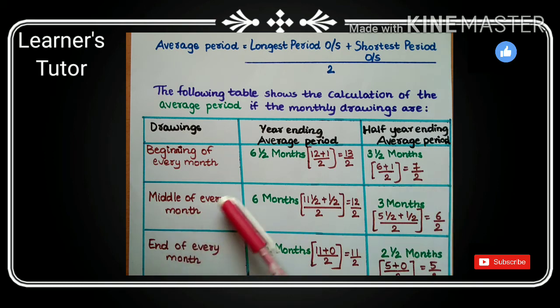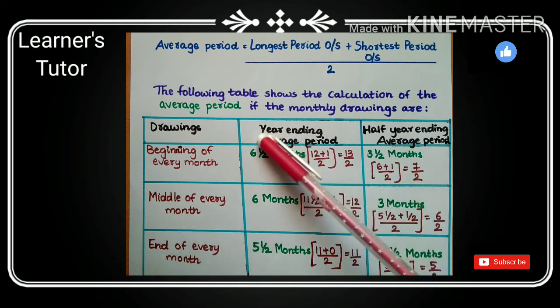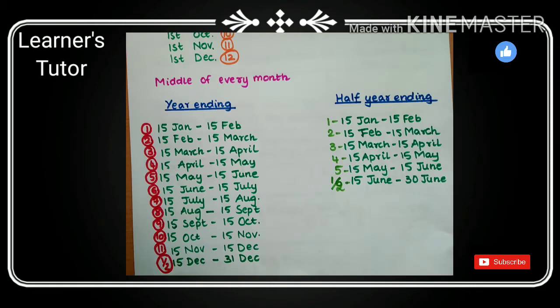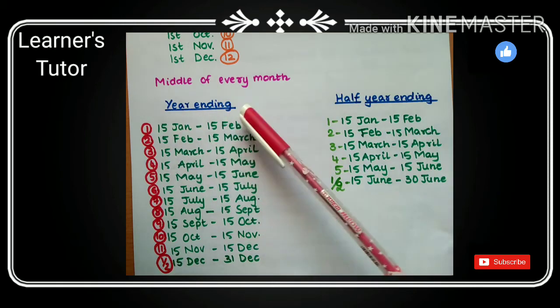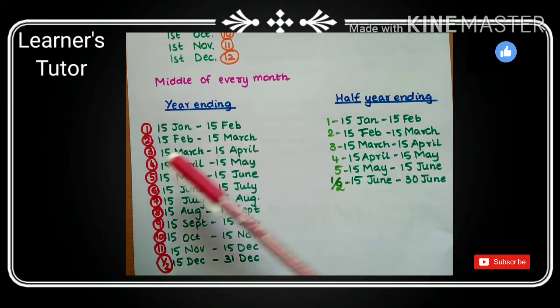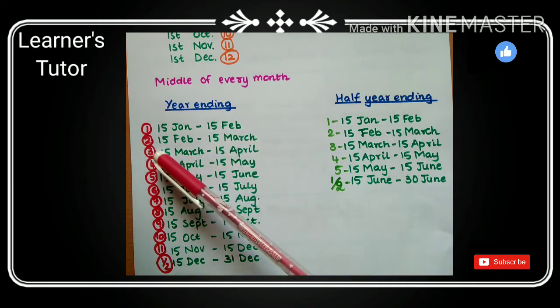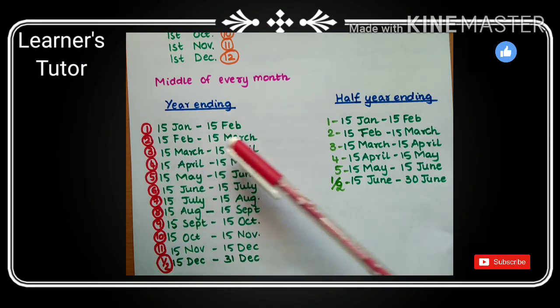Next, coming to middle of every month under year ending average period. We have to find out the longest period and shortest period. Middle of every month for year ending, that is 12 months. Middle means it starts from 15th Jan and ends at 15th Feb. Next, 15th Feb to 15th March.